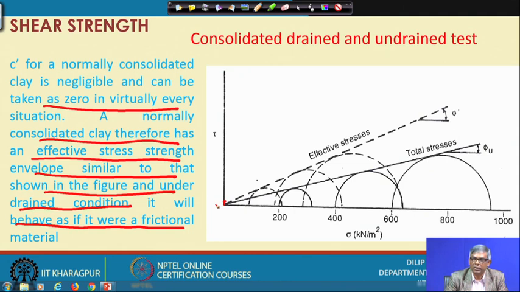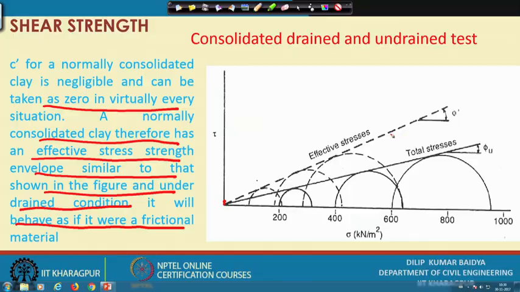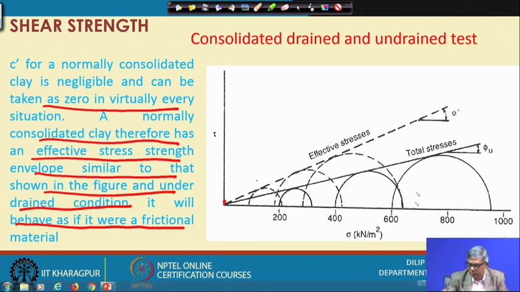But we can do a consolidated undrained test, and based on measurement of pore pressure along with the applied deviator stress and subtracting those, we can find out the effective strength parameters. Initially we draw the total stress circle and then the effective stress circle, and then we get the envelope for drained condition also.